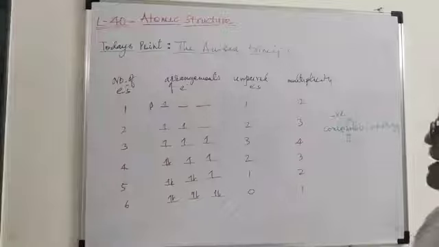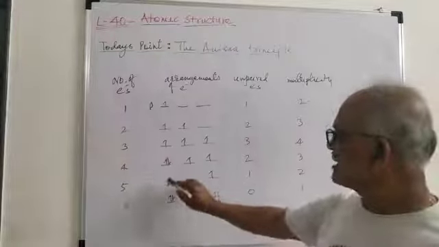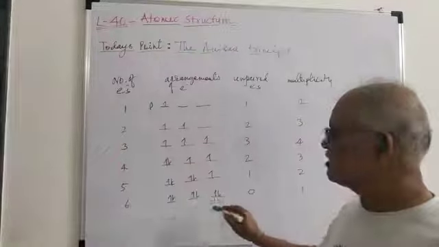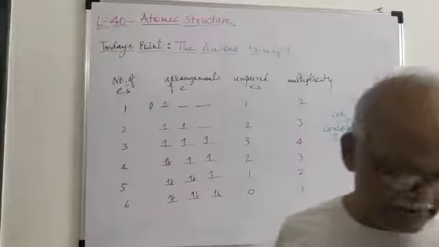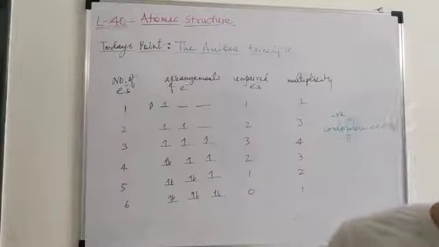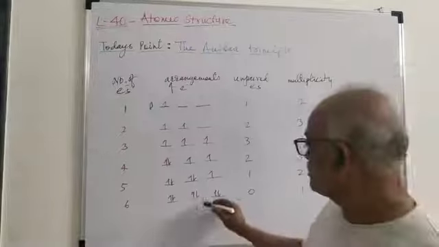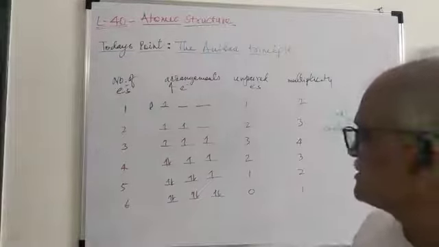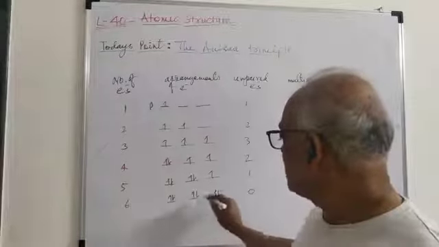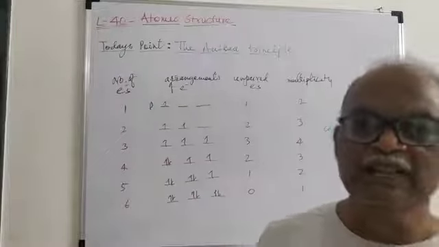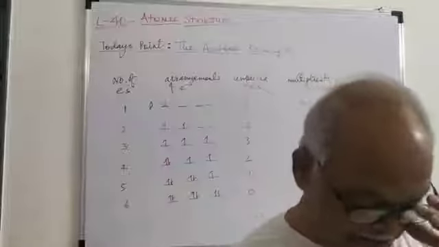Here the Coulombic energy is more, and therefore the system shows repulsive forces, and because of this the configuration becomes more and more unstable.